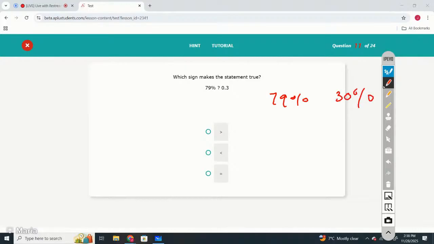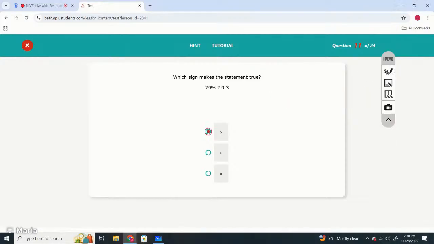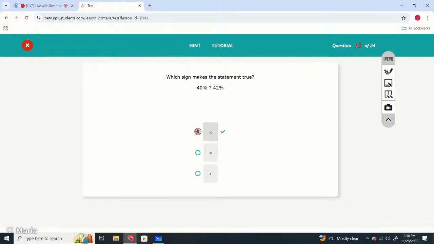So 79% is greater than 30%. So greater it is. 40% and 42%. So which is the correct option? 40% is less than 42%.